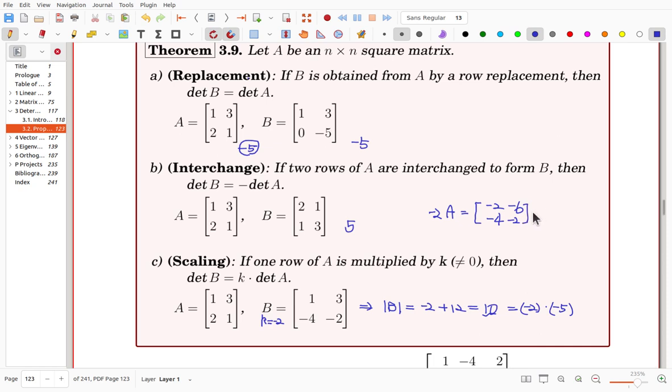The determinant is AD minus BC, 4 minus 24, so that will be minus 20.